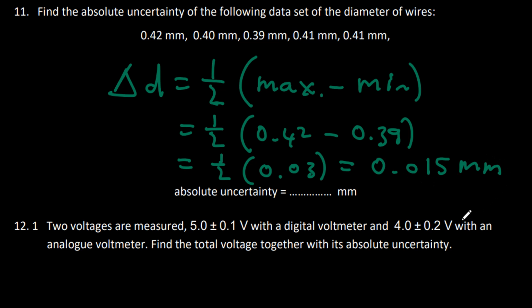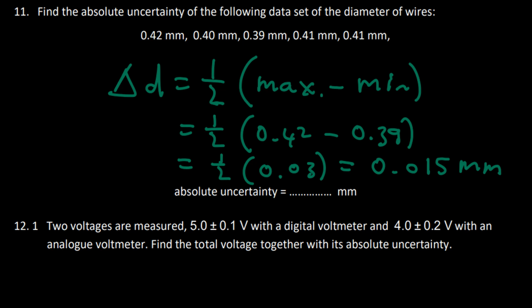Then in question 12.1, it says 2 voltages are measured, 5.0 plus minus 0.1 volts with a digital voltmeter, and 4.0 plus minus 0.2 volts with an analog voltmeter. Find the total voltage together with its absolute uncertainty.